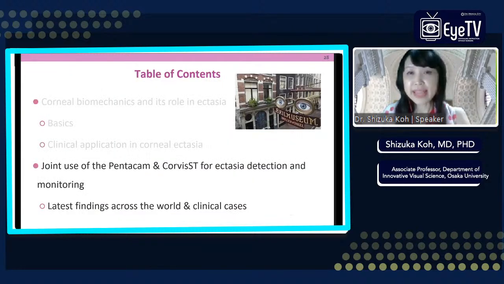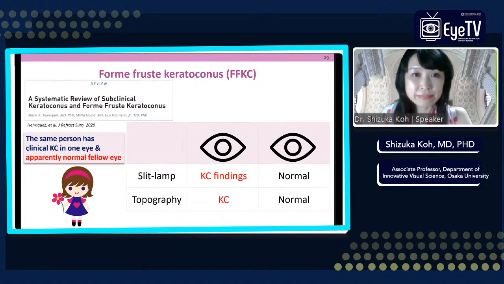Let's move on to the next part. Keratoconus generally presents bilaterally, although often asymmetrically. If you are not a corneal specialist, I'm not sure if you've ever heard this term before, forme fruste keratoconus, FFKC.